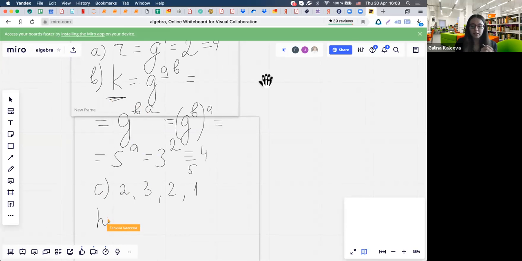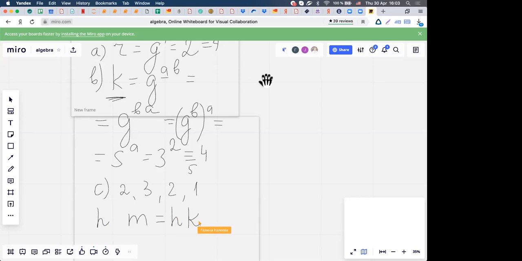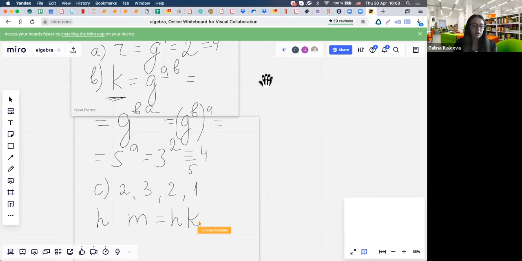So having this number H, the second person takes M, which is a product of H and the key K, right? And then this message M is sent to the first person, to us, and we receive M. How can we find H knowing M and K? H is merely M times K to the minus first power, right?